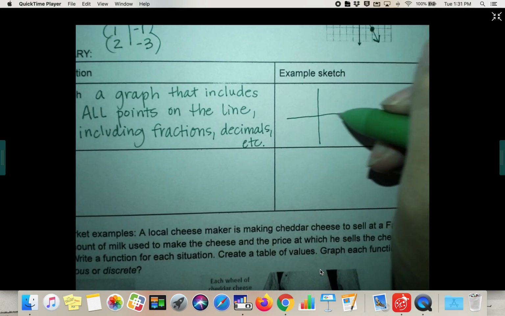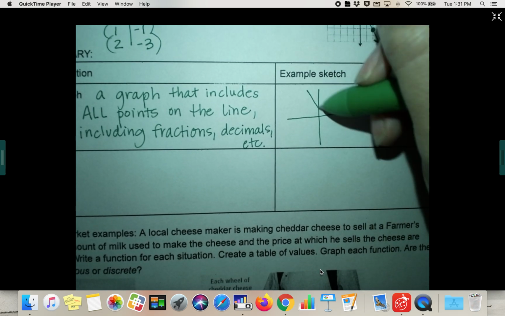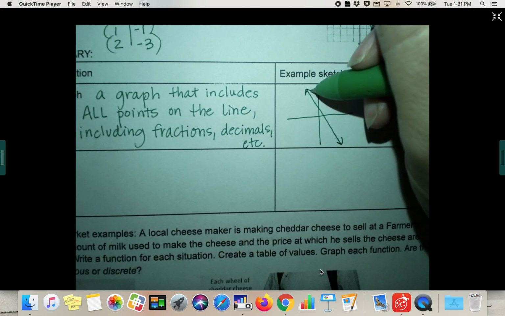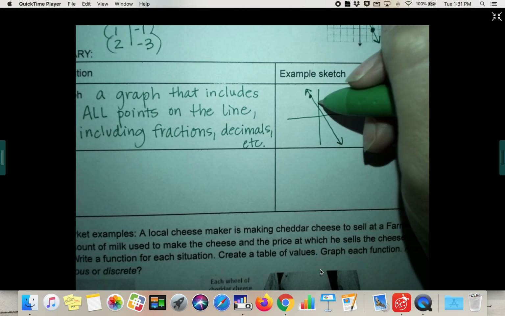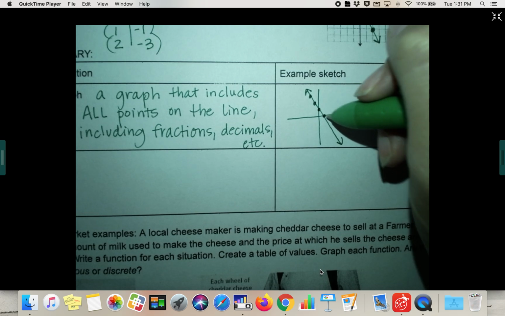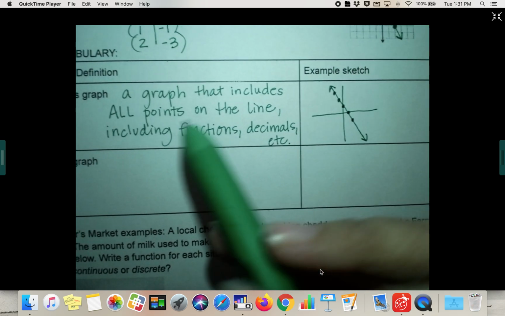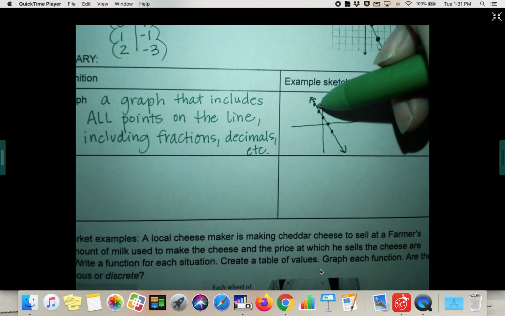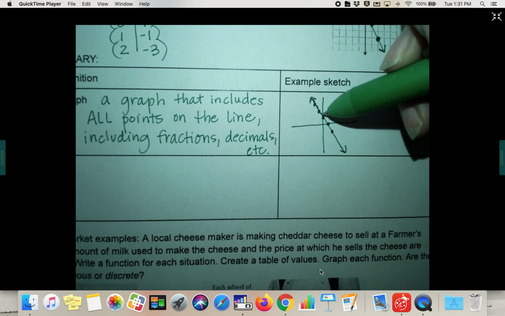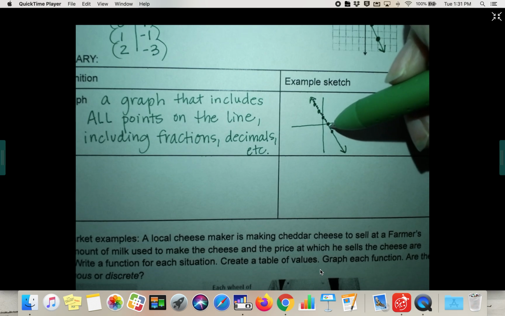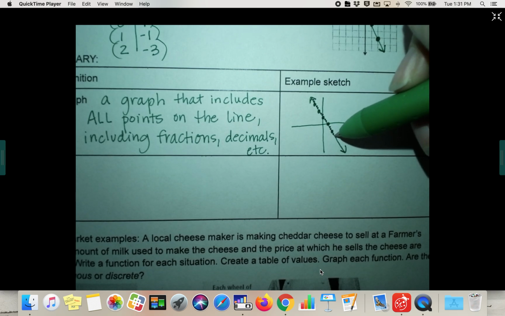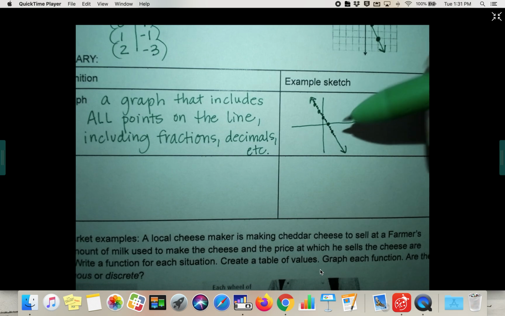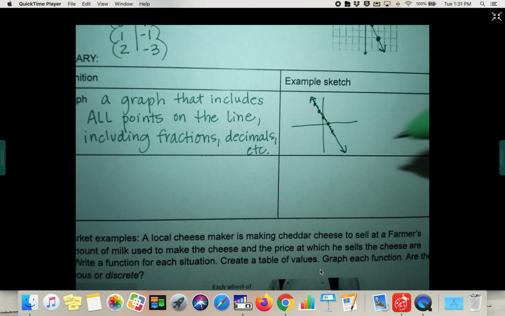So we just sketched a graph above that looked kind of like this, with arrows on both ends. I think we had a couple of points in there, but a continuous graph means it's actually all of those points in between there too. So all of these little fractional parts, these little decimals, it would be every single point infinitely on this continuous line.